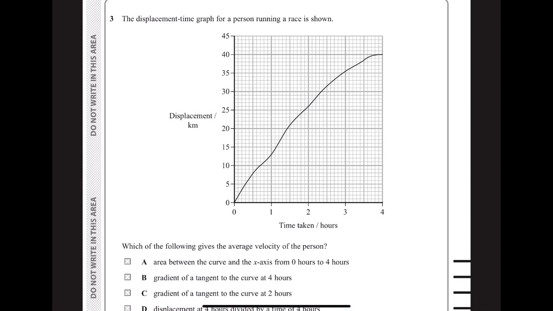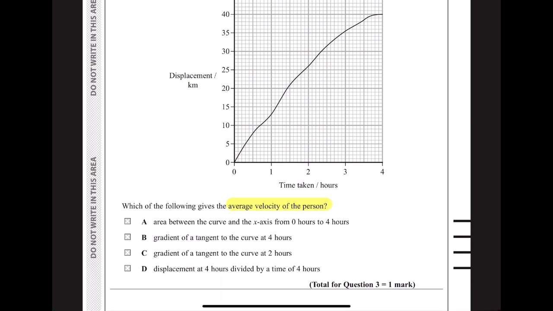In question 3, they're telling us to find the average velocity of the person through the graph. So what is the formula of average velocity? The formula for average velocity is total displacement divided by total time.